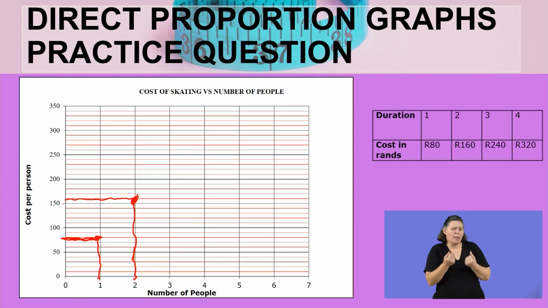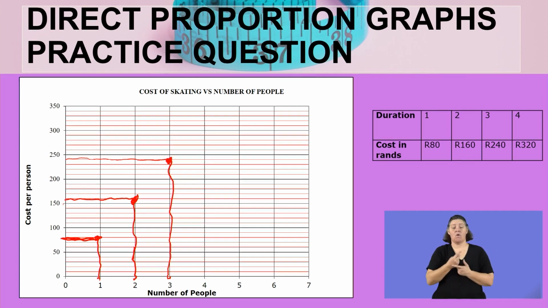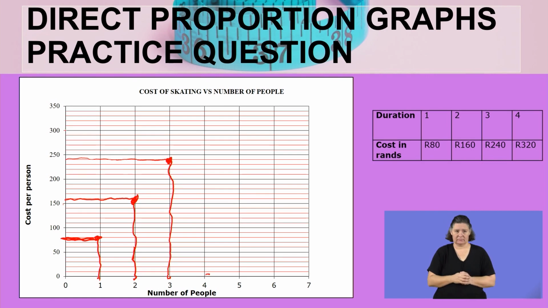And then for 3, this is 3. And then you have 240 as 200, 10, 20, 30, 40. Make sure that as you join, you are looking at the fact that this will form an L shape. And where the 2 points are meeting, that is your coordinate. And for 4, we are having 320. This is 300, 310, and 320.